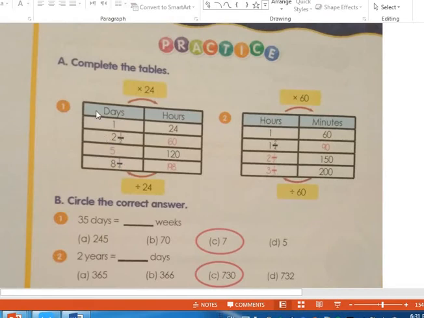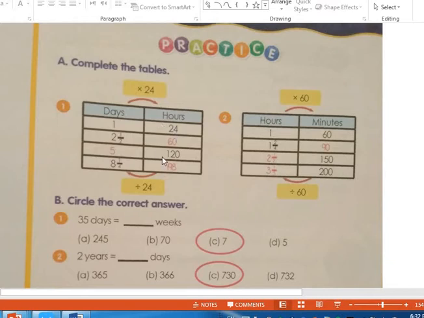Here complete the tables. From days to hours, I multiply every time by 24. 1 times 24, 24. 2.5 times 24, it will give you 60. 5 times 24, 120. 8 and a quarter times 24 equals 198.